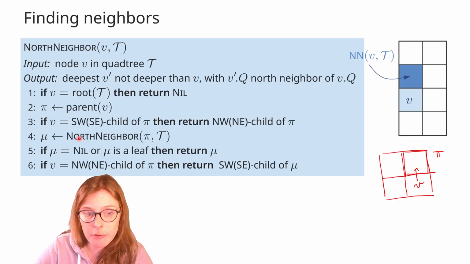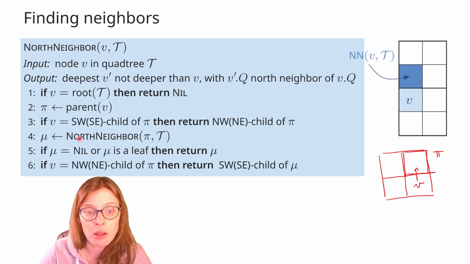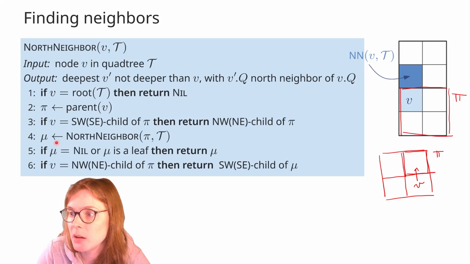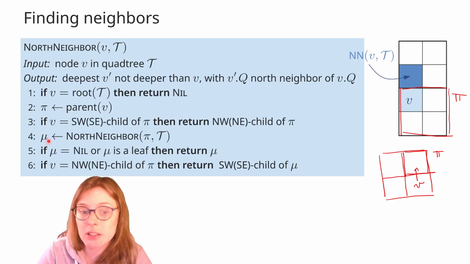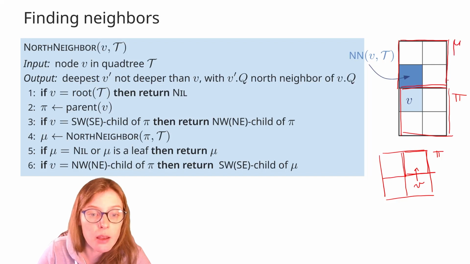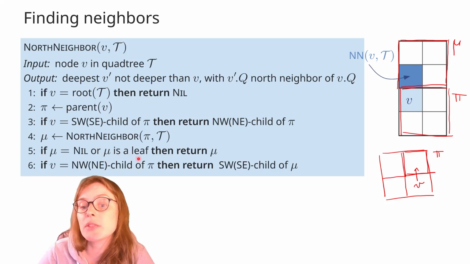On the other hand, if v was not the southwestern or southeastern child of pi, as presented here in the example, this is the square pi, then we recursively find the north neighbor of the parent pi. Here, this will be the north neighbor mu of the node pi. If mu does not exist, if it returns null, or if mu is a leaf itself, then we simply return mu.